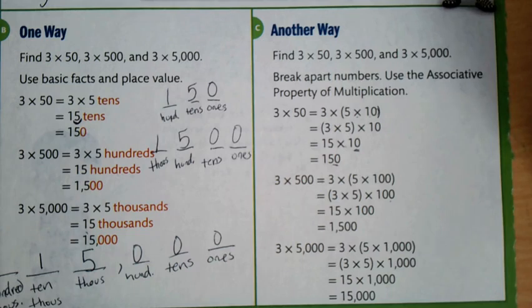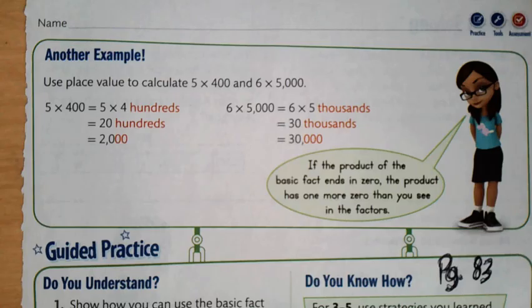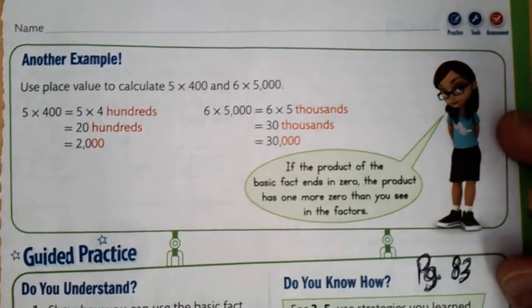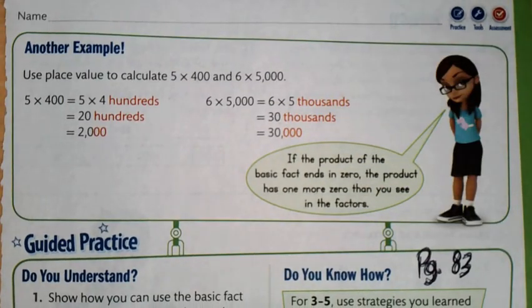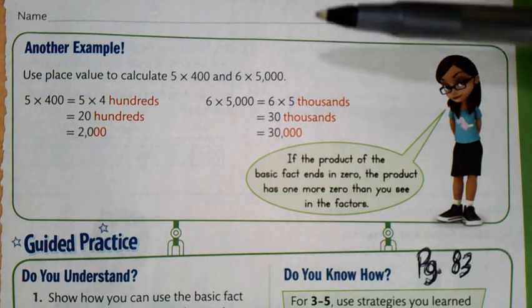All right. So let's go ahead and flip over to page 83 and check out what this is going to look like for us over there. So here we are on page 83. I've written it down here for us. But I do want us to look at one more example. Now, this last example is what I was going over on that first page.